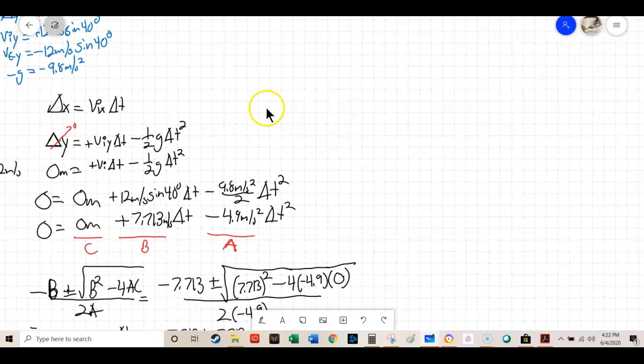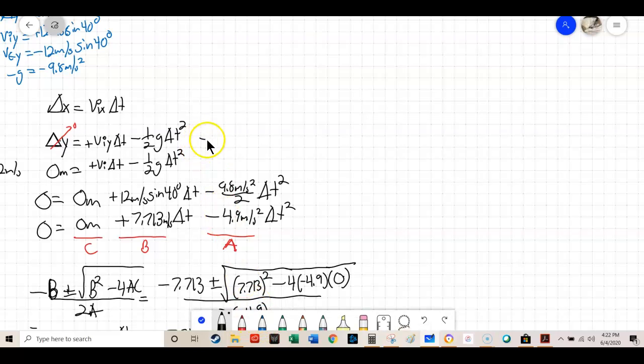We could have done the linear fit of the velocity versus time, because the final y velocity is going to be downward.